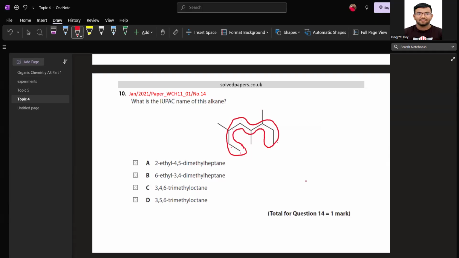This is the longest chain of hydrocarbons. So obviously octane, considering 1, 2, 3, 4, 5, 6, 7, 8, 8 carbons. So octane. So A and B are out of the equation. We need to come to C and D.